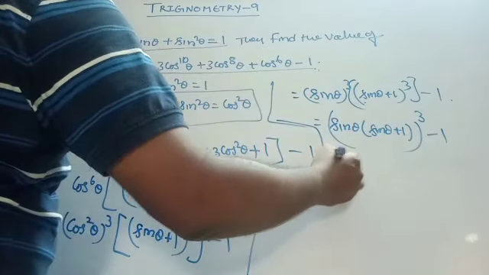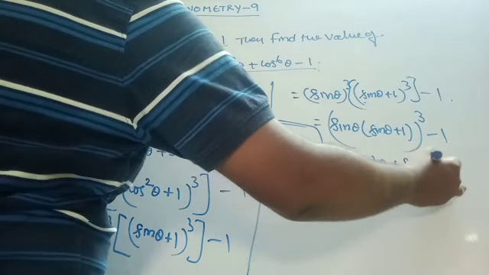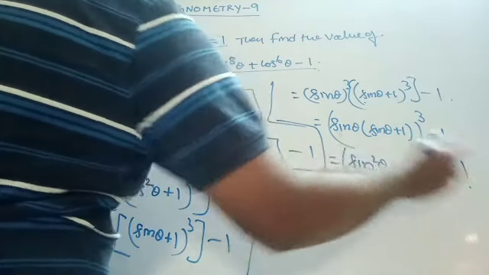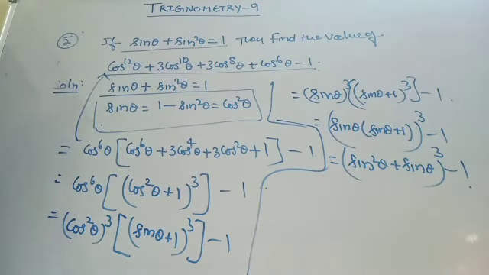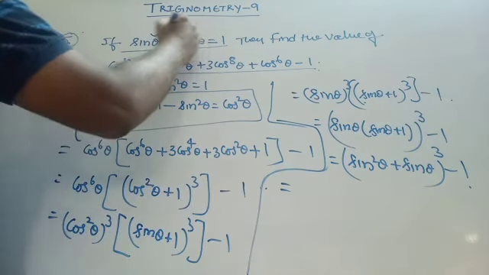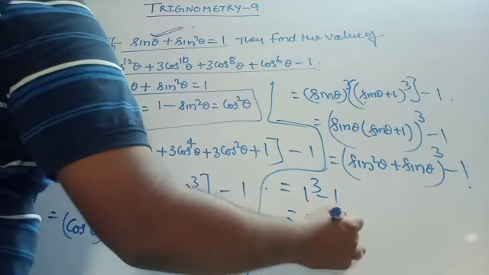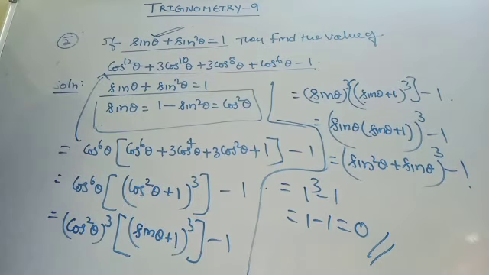This equals sine square theta plus sine theta whole cube minus 1, because I just multiplied sine theta into sine theta. Now sine square theta plus sine theta, they have already given that as 1. Now 1 cube minus 1 means 1 minus 1, that is 0. How beautifully we got this problem simplified to 0. The value of this is 0.